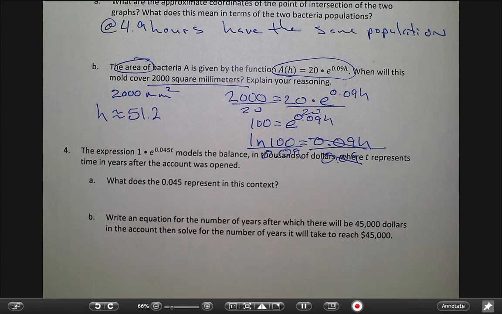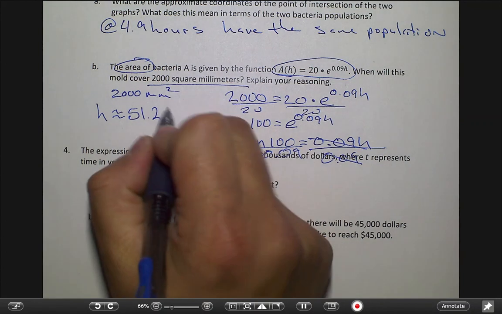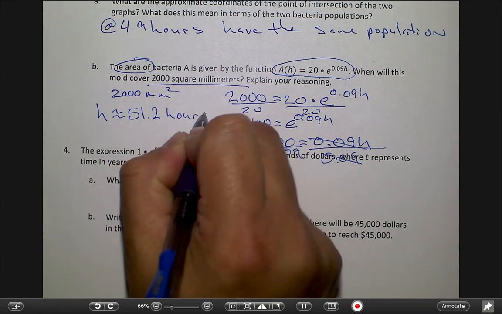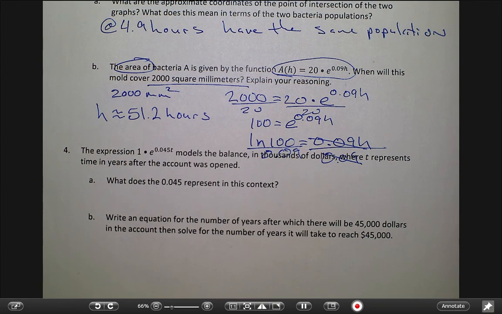Now, in this context, what does that mean? Hours, very good. 51.2 hours for the bacteria in the mold to actually equal 2,000 square millimeters.